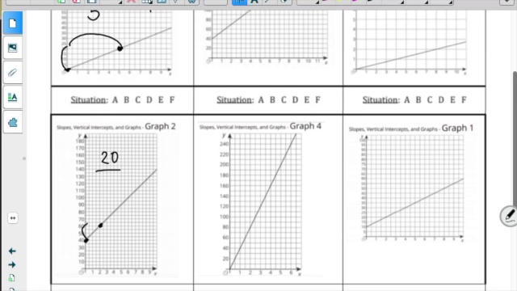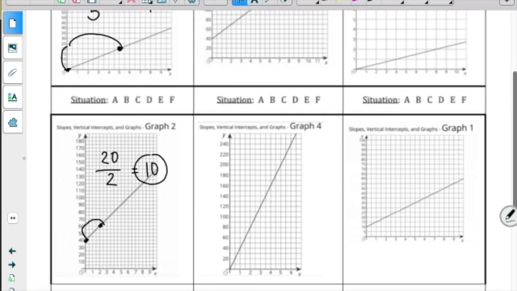And then my horizontal change went from 0 to 2, so my denominator will be 2. So 20 divided by 2 equals 10. Okay, so that one has a slope of 10.